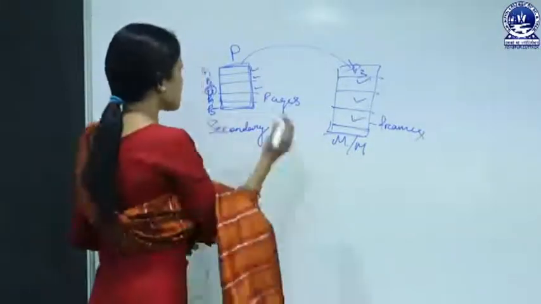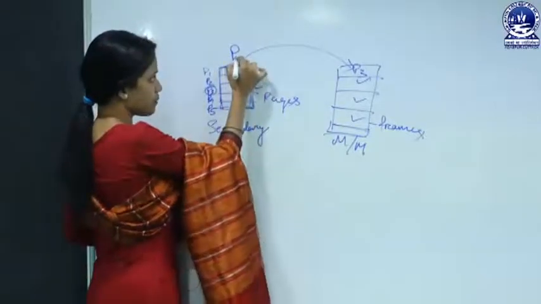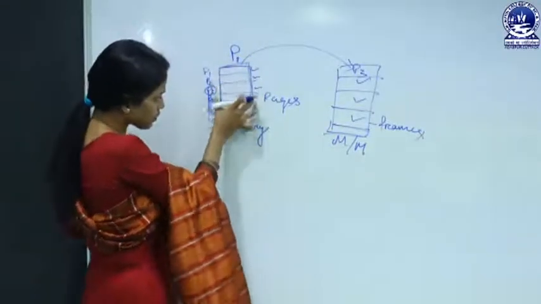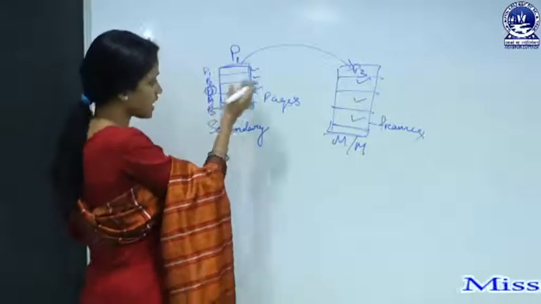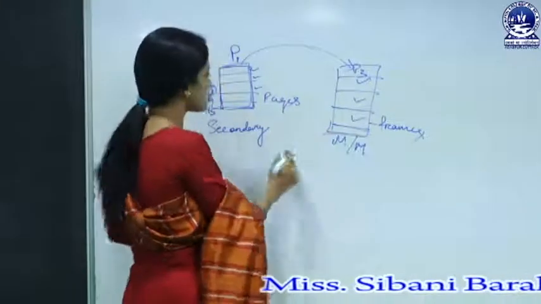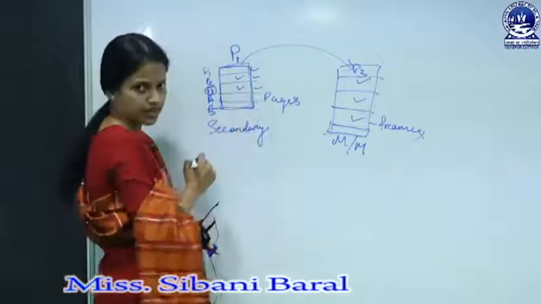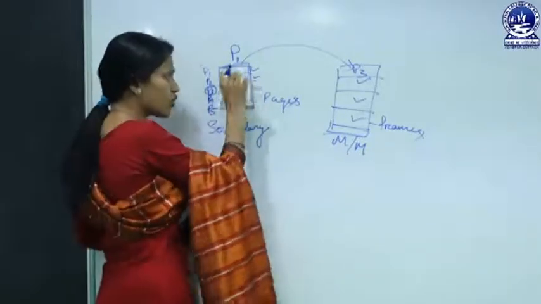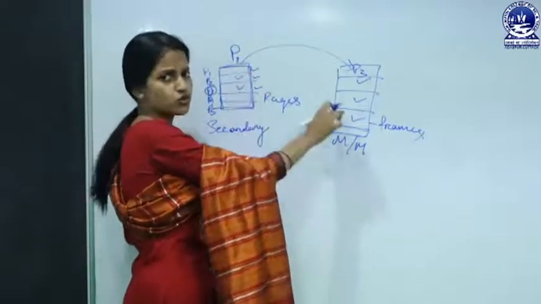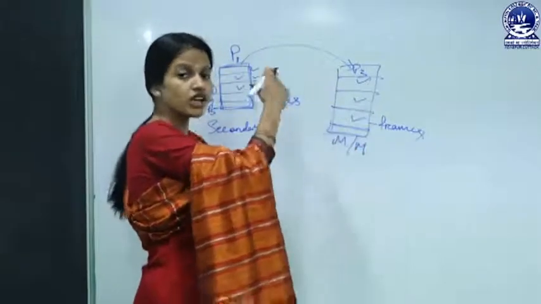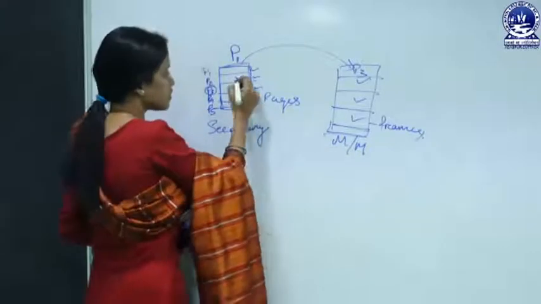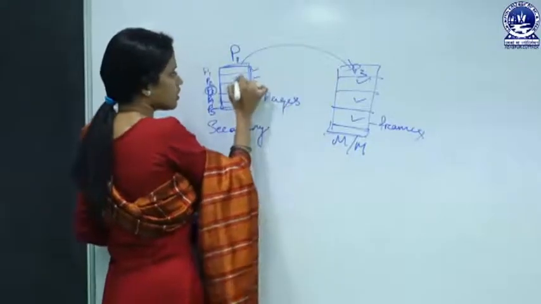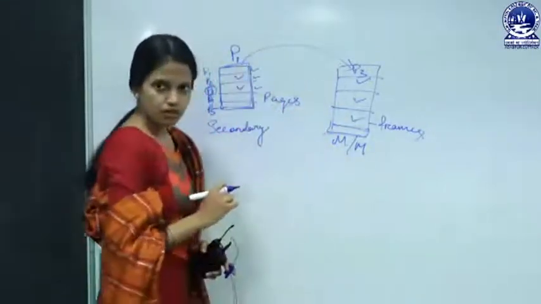How? Suppose P1 is this process. We divide the process into pages, and suppose main memory requires these two pages at a time. So rather than putting the whole process into main memory, only some part of the process is assigned. Now the pages of P1 are assigned to the main memory.